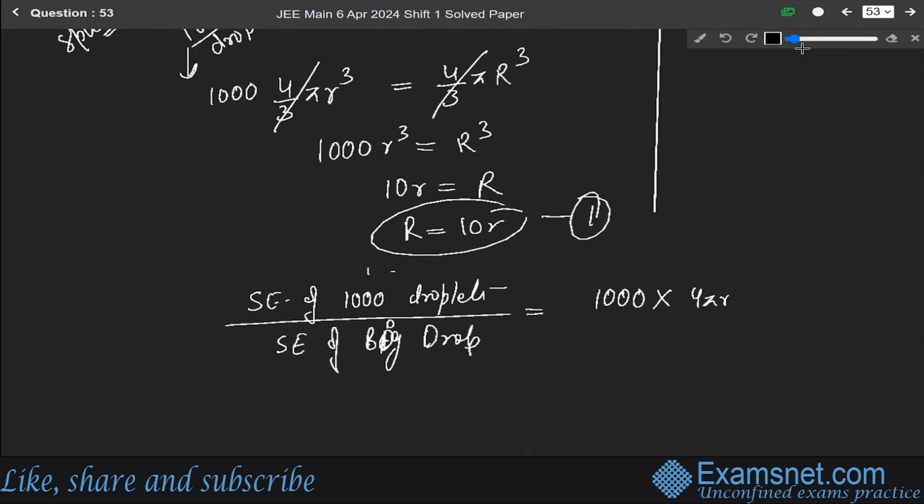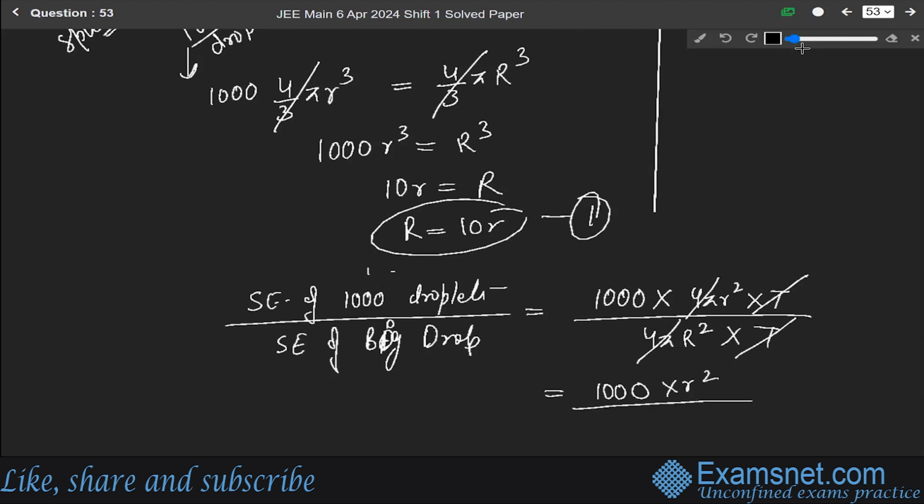So it is 1000 into 4 pi r square into surface tension T, over 4 pi capital R square into surface tension T. So T cancels out, 4 pi cancels out. It will be 1000 r square over R square. R is 10 r, so R square is 100 r square. This r square cancels. So this will be 10, meaning the ratio is 10:1.